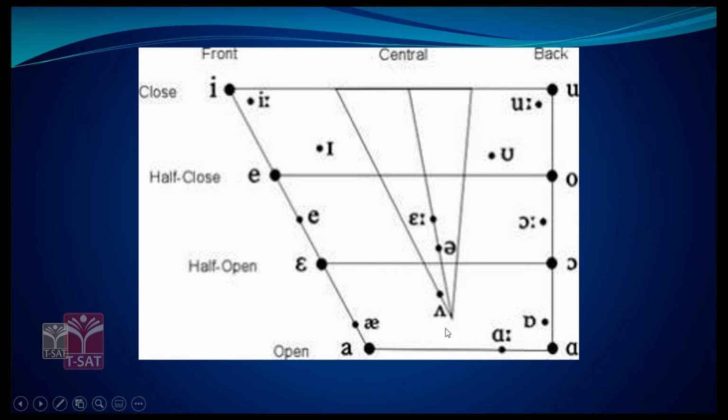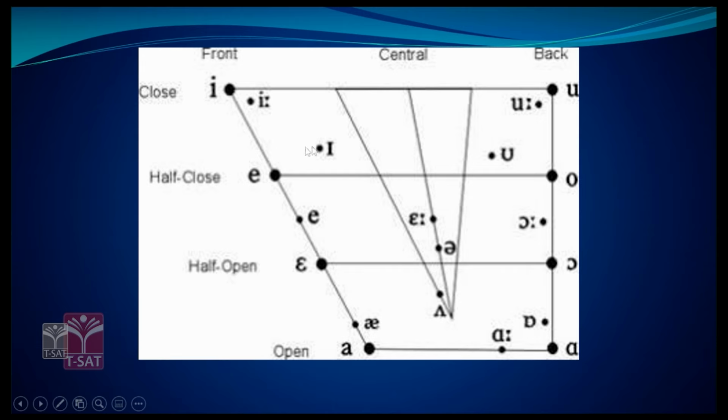The central vowels are also marked. So front, central, and back refer to the particular part of the tongue which is involved in the production of the vowel sounds. And the height of the tongue: i, it is close, and u, it is also close.